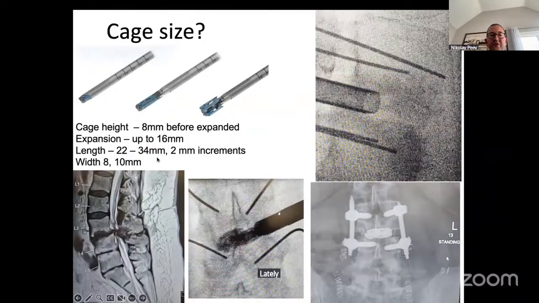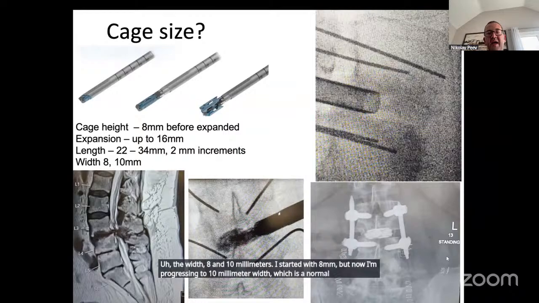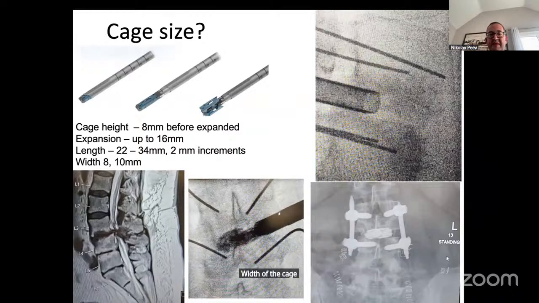Lately, 34 is becoming standard for me because of the oblique course. It's possible to put 34 even for women and small patients. The width is 8 and 10 millimeters. I started with 8 millimeters, but now I'm progressing to 10 millimeter width, which is a normal width of the cage, and expansion goes to 16 millimeters.